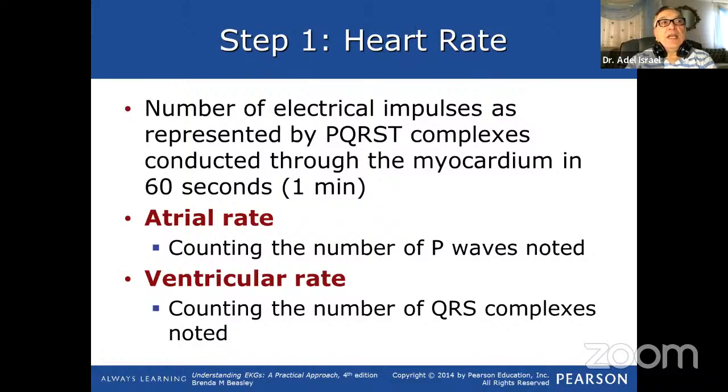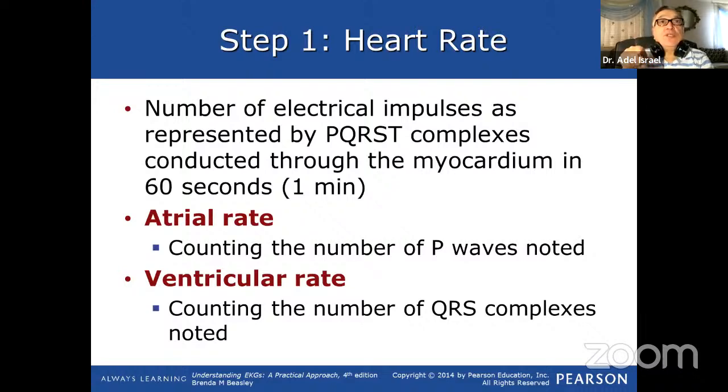So the atrial rate should equal the ventricular rate, like we did before in the example, where the atria and ventricles work following each other, and the time between atrial contraction and ventricular contraction is 0.05 second, if you remember from yesterday's lecture. Why do we count both?